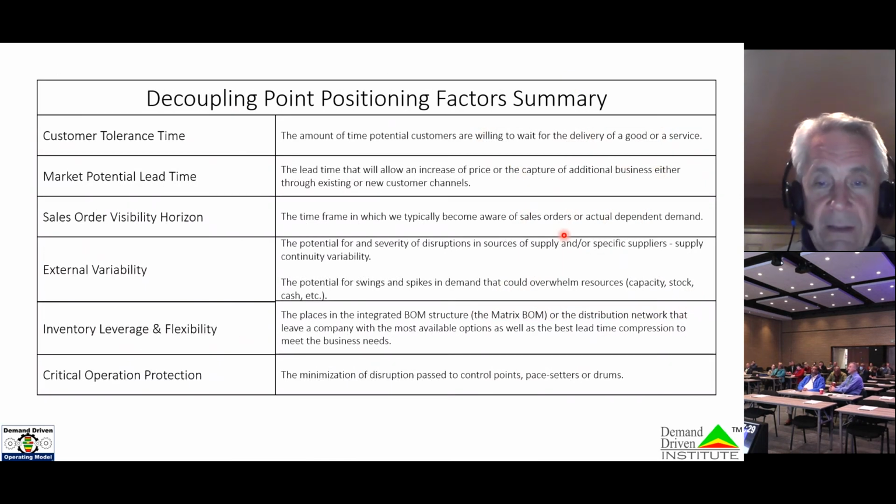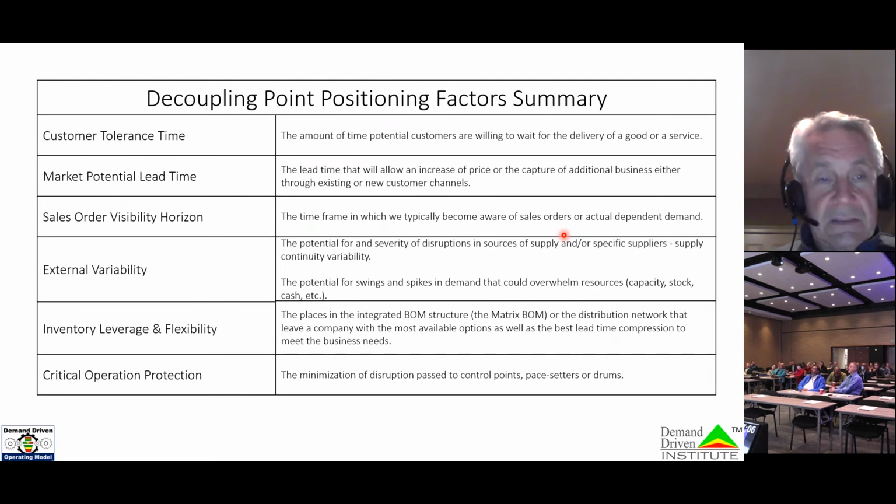Obviously, the more we can collapse our cumulative lead time by introducing decoupling points, using the decoupled lead time concept of DDMRP, we start to get closer to what our customer tolerance times are. And the more effectively we do that, we are pacing to what's really out there in the market in terms of demand, while giving very, very high levels of service.